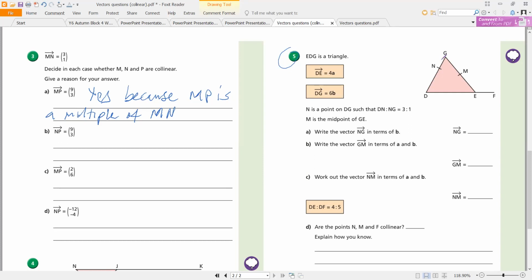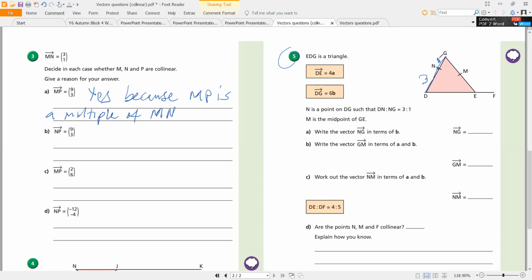On this line, N is a point such that the line has 4 parts. From D to N, it takes 3 parts. And from N to G takes just 1 part. That's the meaning of ratios.